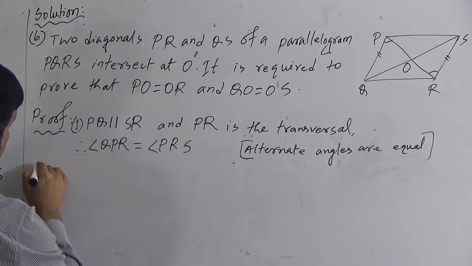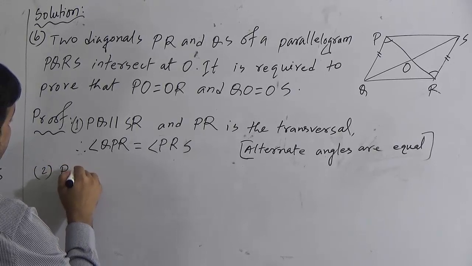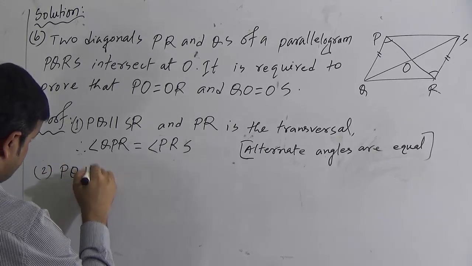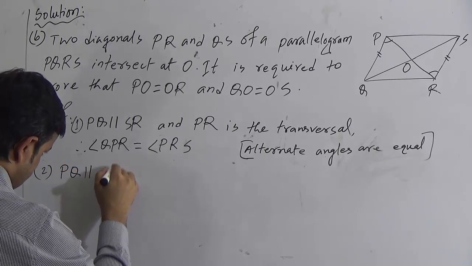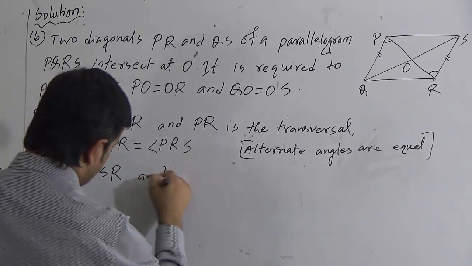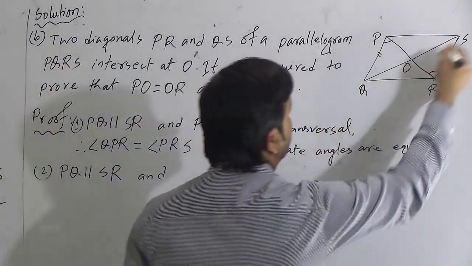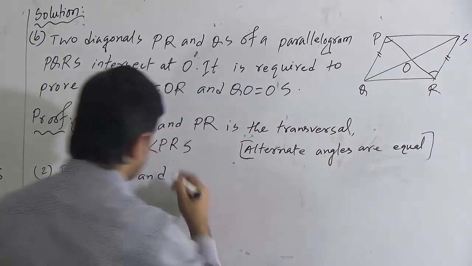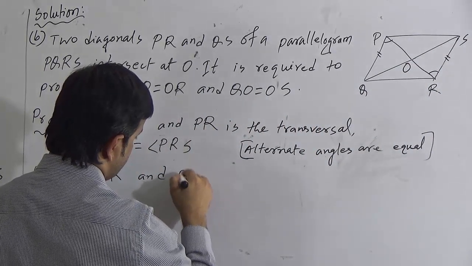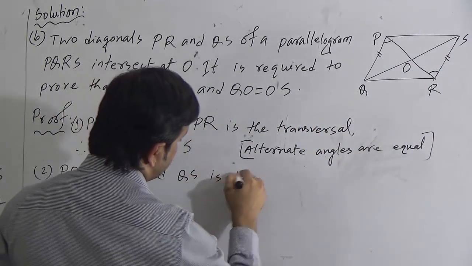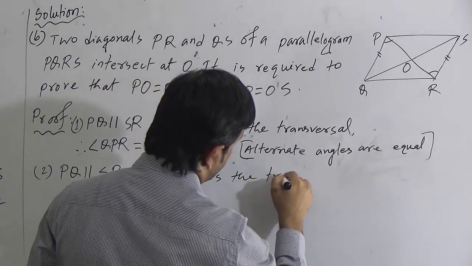Step 2. Again, PQ parallel SR and QS is the transversal.